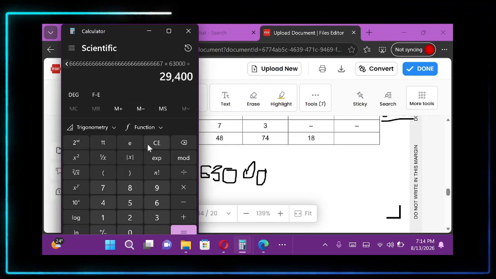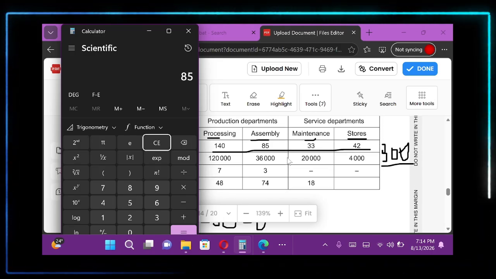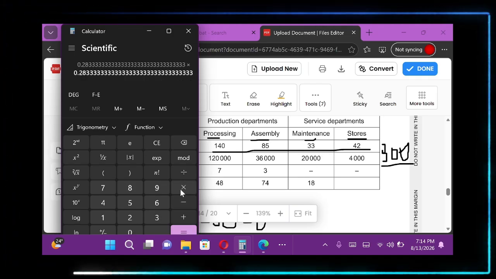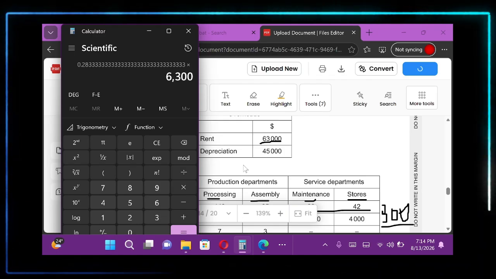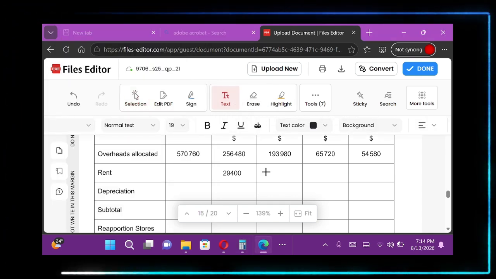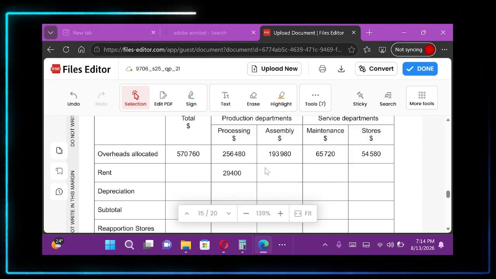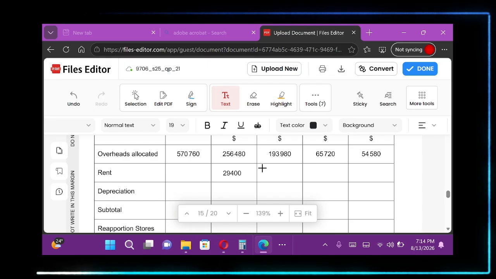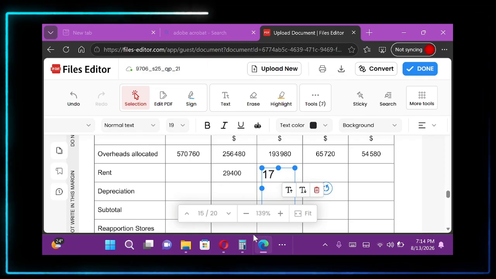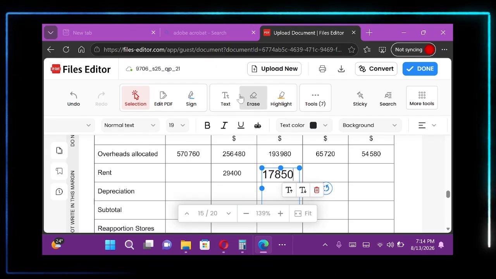So let's put it in the calculator. 85 divided by 300, then we multiply it with the amount of rent, which is 63,000. Then you put the amount here, $17,850.